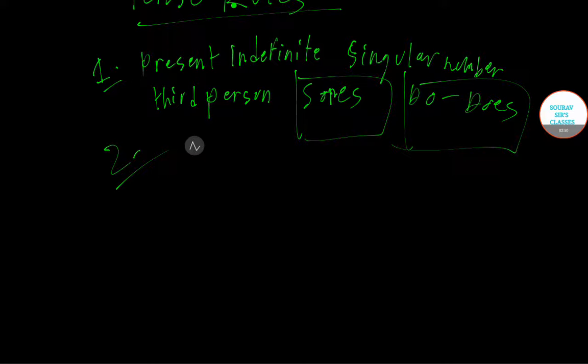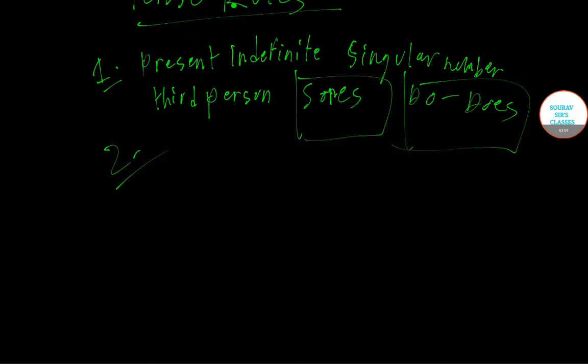Now for the second rule. When the main verb is in future, we have to use present simple tense if the clauses are beginning with if, till, as soon as, when, unless, before, even if, until, or any kind of time defining words.